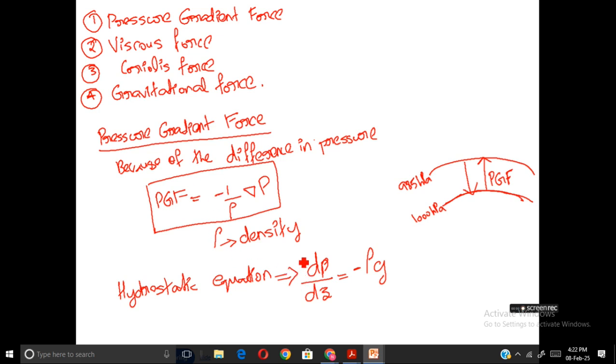This is the hydrostatic equation, which is a balance between the vertical pressure gradient force and the gravitational force g: dP by dz is equal to minus rho g. So the pressure gradient force is given by minus 1 by rho del P. That is the first force. Now, the second one is the viscous force.